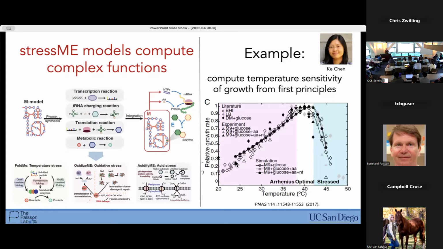And the first one of these models, called FoldME, because it had this folding or proteostatic system in it, I should say, calculated this curve. The black curve in there is calculated. And this is the temperature sensitivity of E. coli growth, just calculated. And the data are different data sets that have been published. I was just blown away when I saw this result.